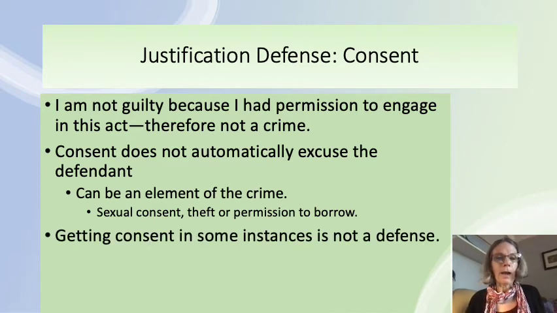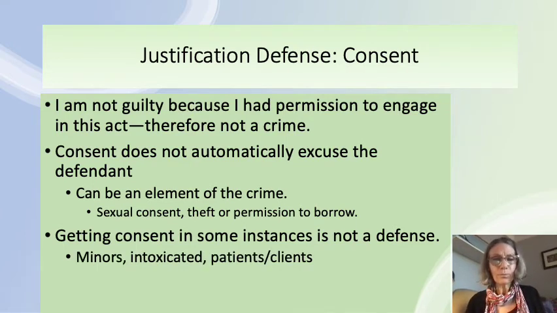Now, in some instances, getting consent isn't a defense. So for example, you could say that you had sex with a child, a 14-year-old, and you could say, well, but it was consensual because as an adult, I had sex with a 14-year-old, but the 14-year-old consented to having sex with me.